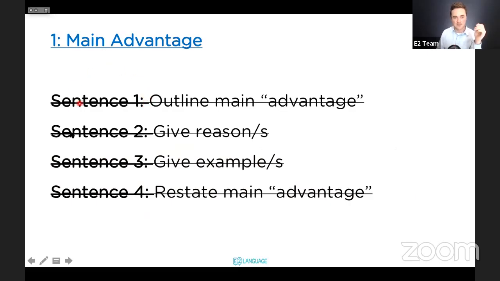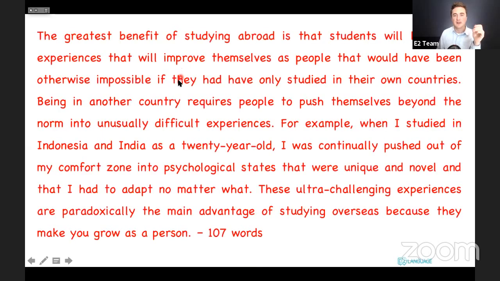We have just written paragraph 1, which was where we described in detail the main advantage. I'm going to read you mine. I was kind of showing off using big vocabulary and complex grammar, and I'll show you why at the end, but let's just read this.